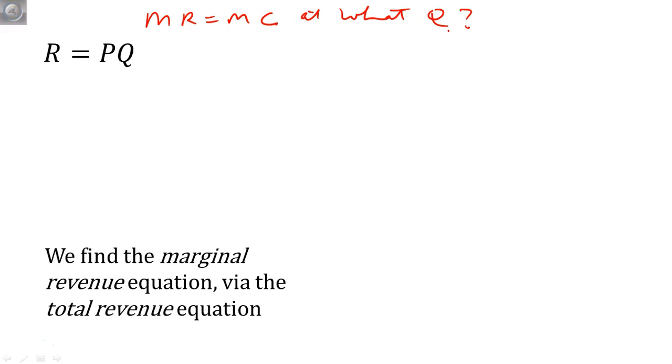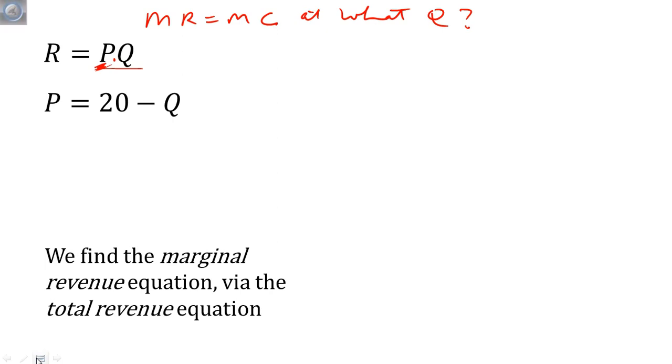So what's our equation for total revenue? Price times quantity, as given there. And now you'll remember we can expand out the price part of this equation because we've been given this equation for price: 20 minus Q. It's 20 minus 1Q really, but nonetheless, there we go.